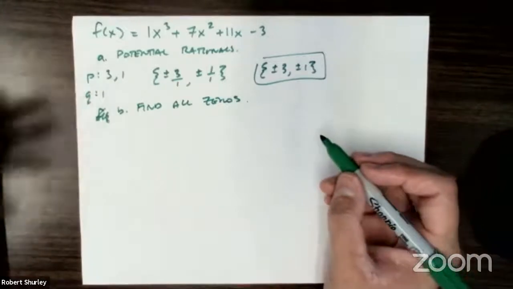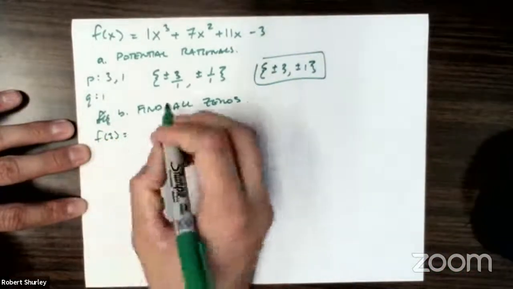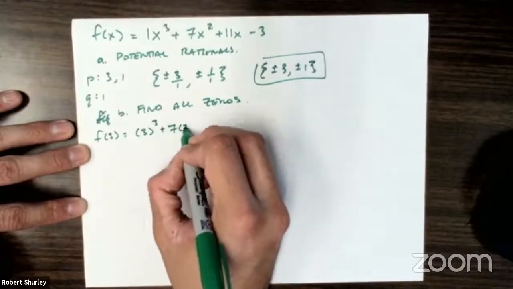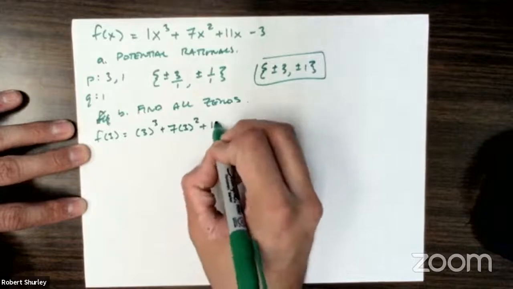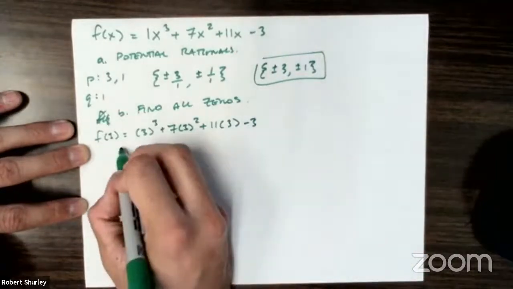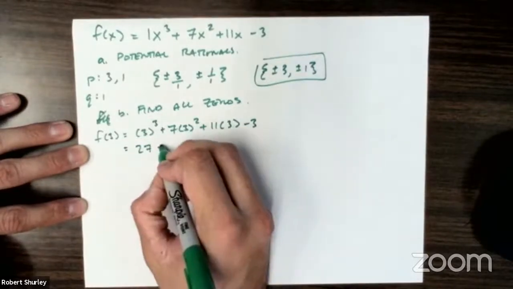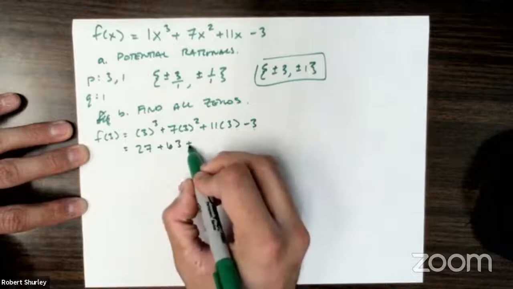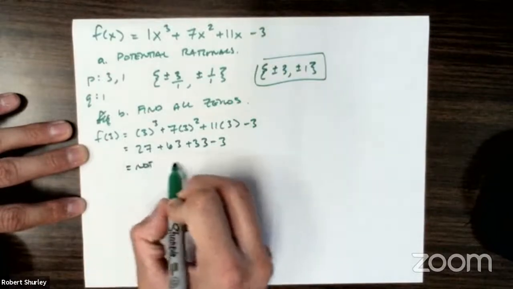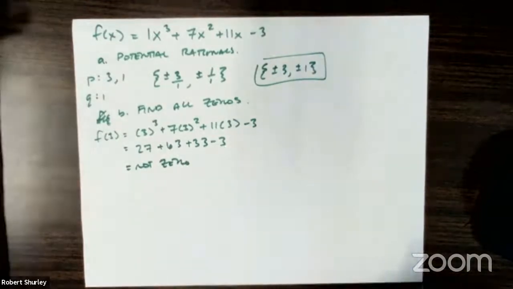I'm going to start on 3 now, and I get 3 cubed plus 7 times 3 squared plus 11 times 3 minus 3. 3 cubed is 27. 3 squared is 9 times 7 is 63, plus 33. Look, I'm not going to worry about the math here. This is just not 0, right? There's no way this is 0. Big number, big number, big number, minus small number, not 0.